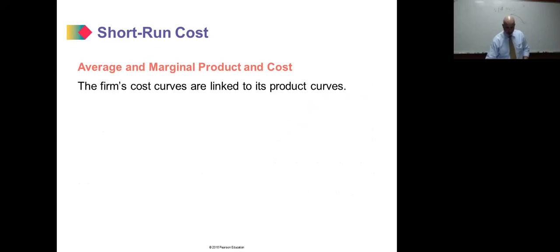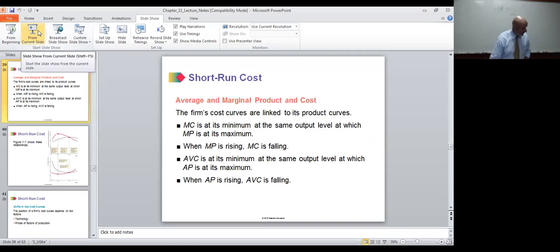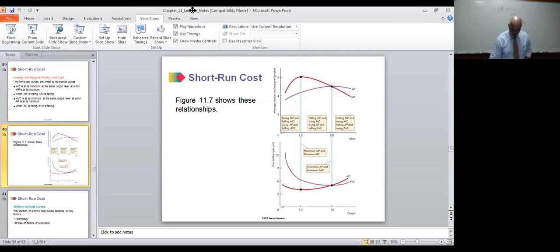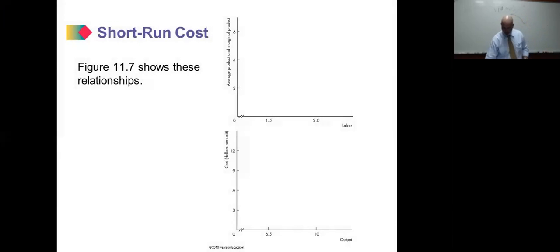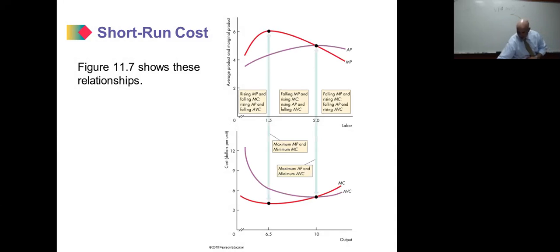If you look at figure 11.7, we'll look at this relationship. In the upper curve, we see the average product curve and the marginal product curve.